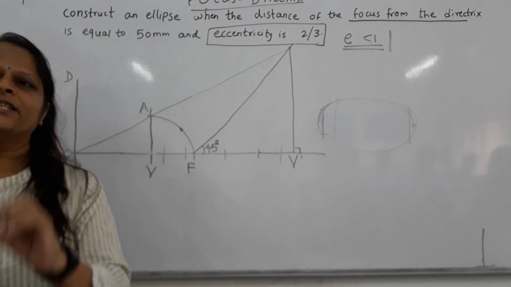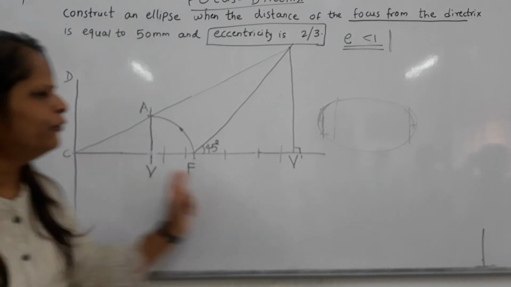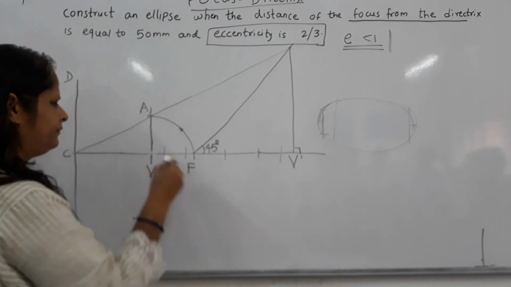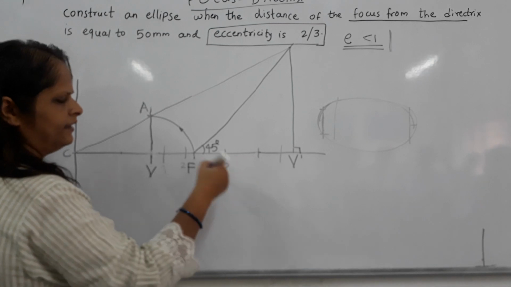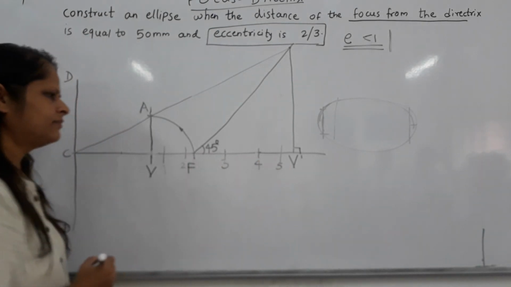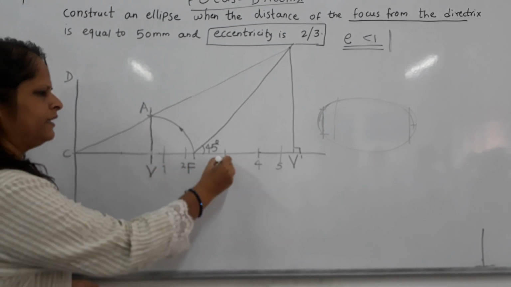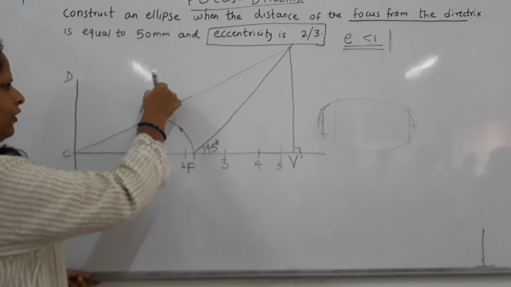So any method as per your choice you can use. Now I have divided it in a few parts. After this, this is 1, then 2, then 3, then 4, then 5. Okay? After this, do you remember what construction we have done for parabola? From this one, draw a line.